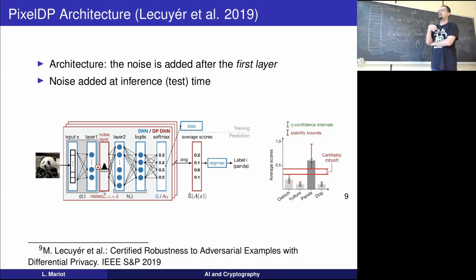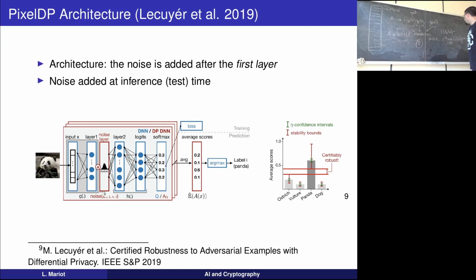There you add some noise that, if you look at the image, is actually Gaussian noise, so it's not the Laplacian noise, that small bell curve, but that is a technicality.